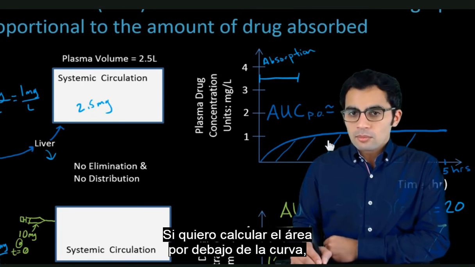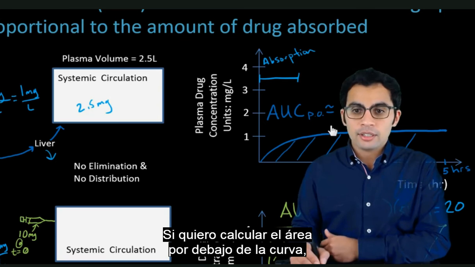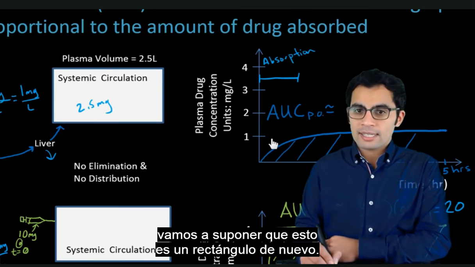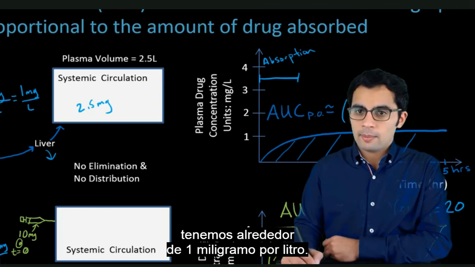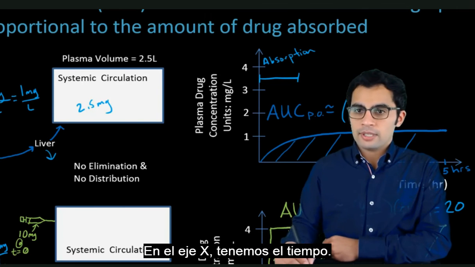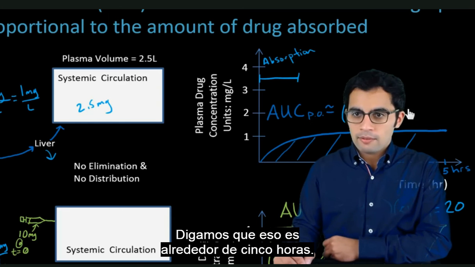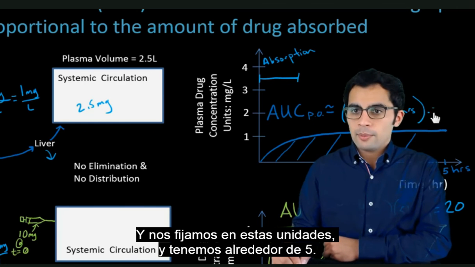Now, if I want to solve for the area underneath the curve, let's assume this is a rectangle again. On the y-axis, and we're estimating here, we get about 1 milligram per liter. On the x-axis we have time, so let's say that's about 5 hours. And we look at the units here, and we get about 5.